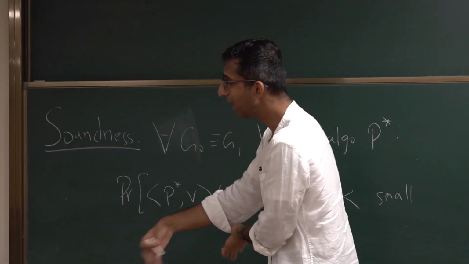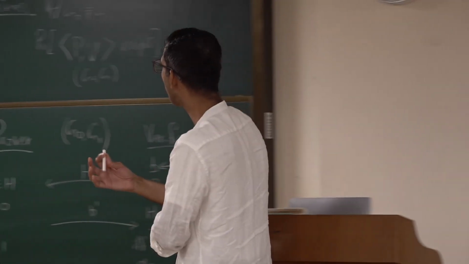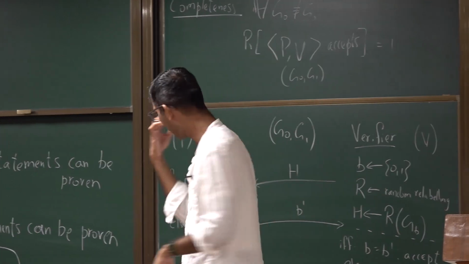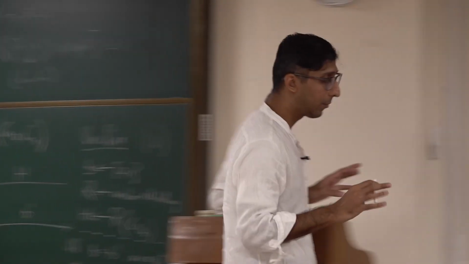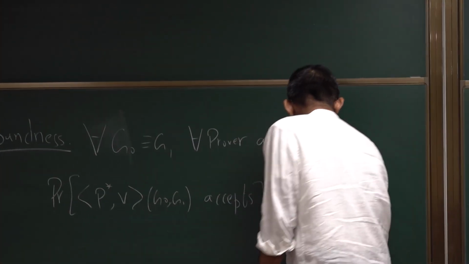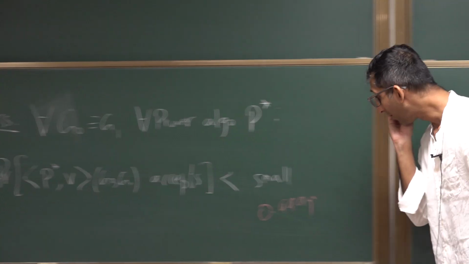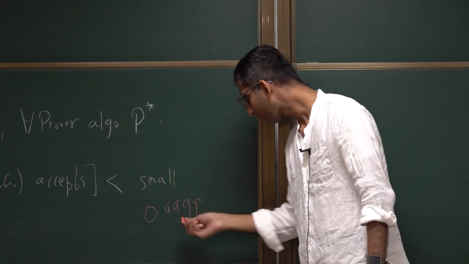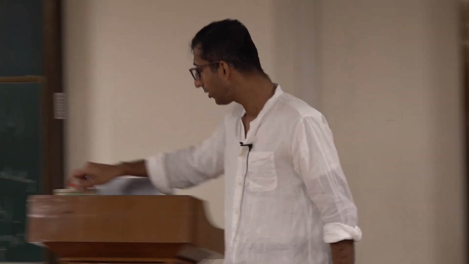So ideally, in the end, what you want is very strong soundness. Right? For example, if you have a proof system where all you are able to get is something like 0.9999, then what would this be saying?